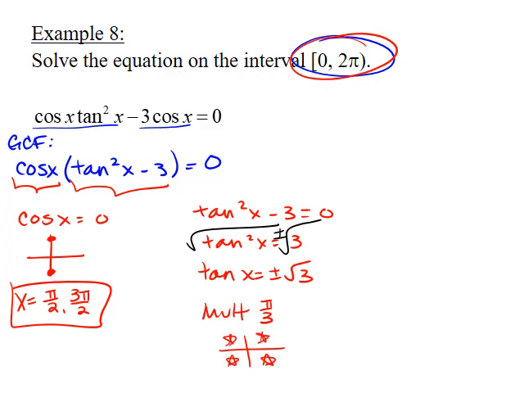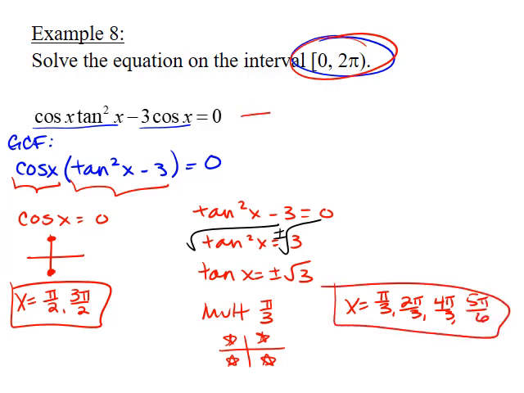So we want all 4 multiples of pi over 3. In this case, it'll be pi over 3, 2 pi over 3, 4 pi over 3, and 5 pi over 3. So this one equation produces 6 solutions within this interval, and you will have to address all 6.